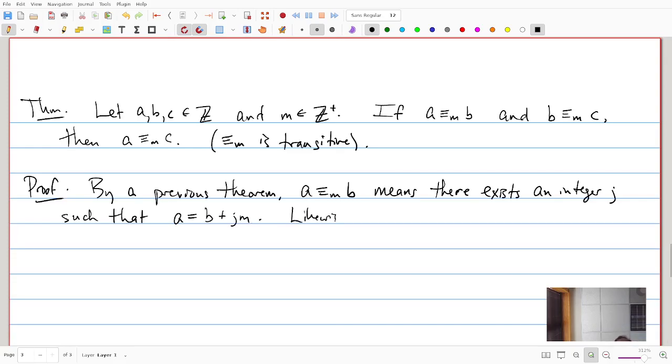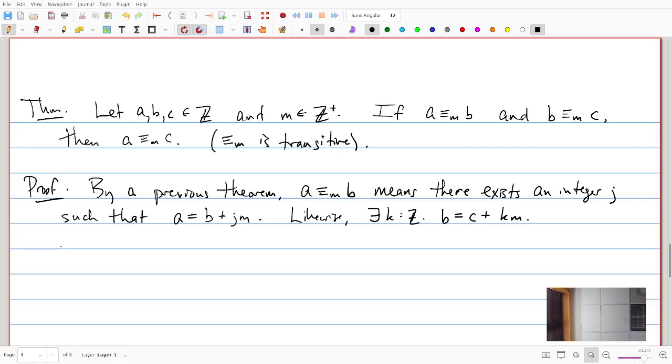Likewise, there exists an integer k such that B equals C plus km. Okay, so I'm just applying that theorem that we proved before that said things are equivalent modulo m if we can find an integer that makes that work.